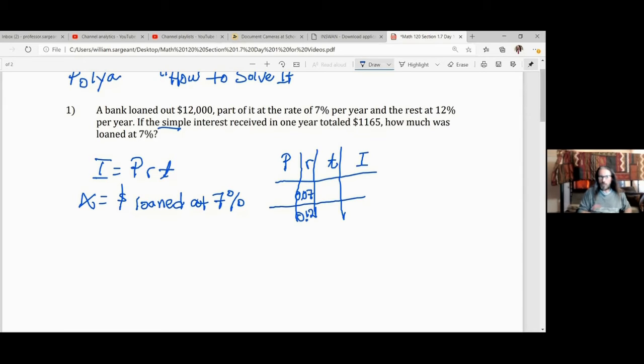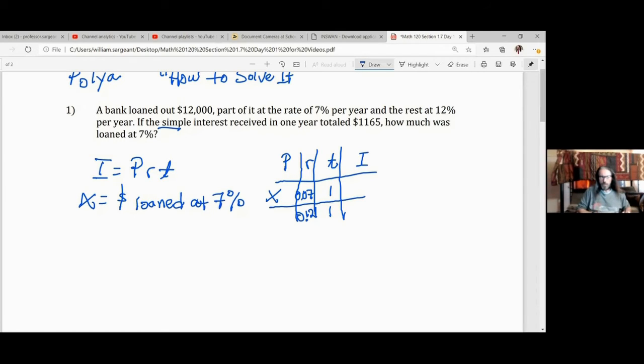The time is 1 year. We've named the amount loaned at 7%, the principal, as x. That, along with the 12%, totals up to 12,000. So you would take away the x to find what's left, what remains.